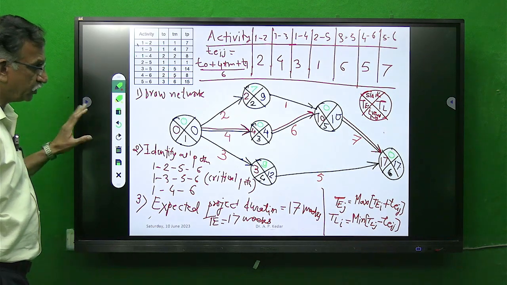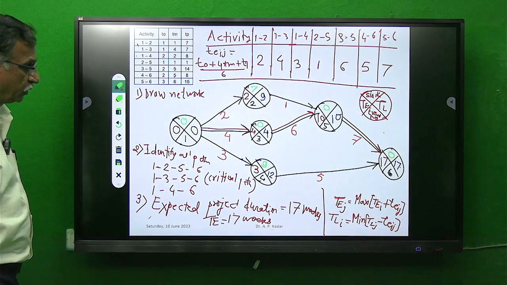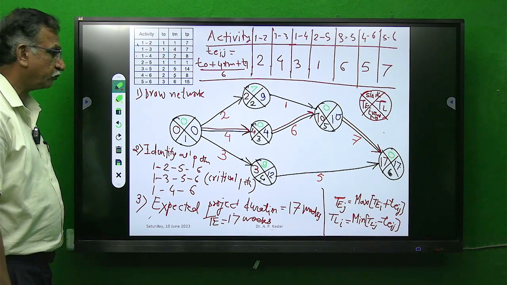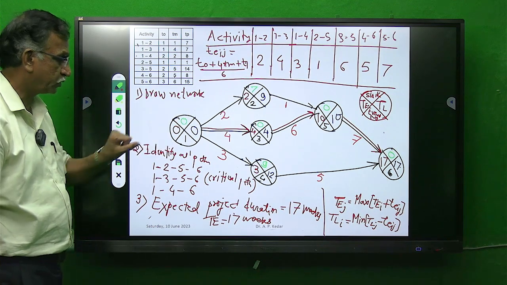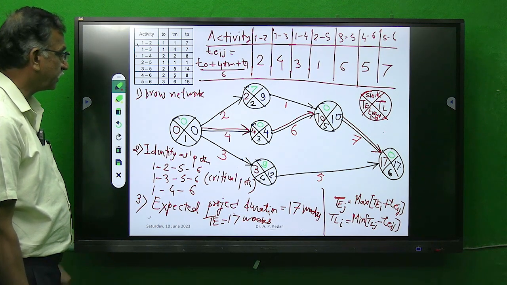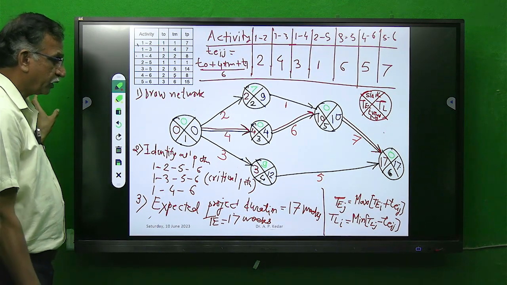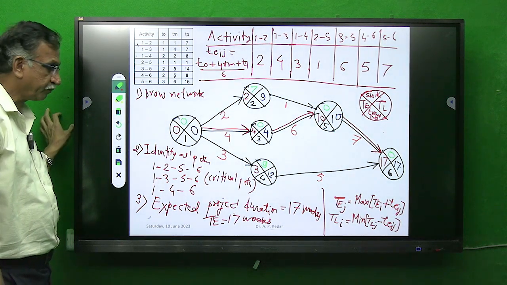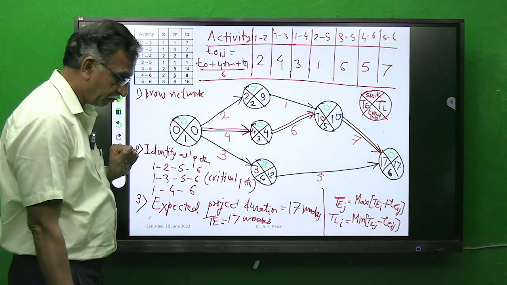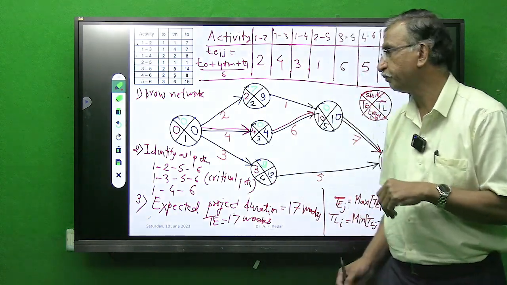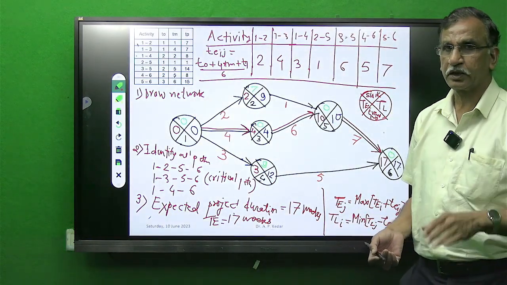Now, with this background, see here, we have done this exercise. Now once we did this exercise, further part was asked to find the probability of completing the project 4 weeks earlier than expected time.